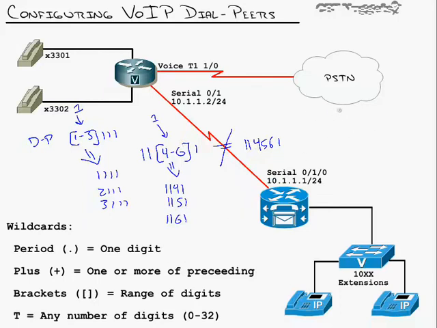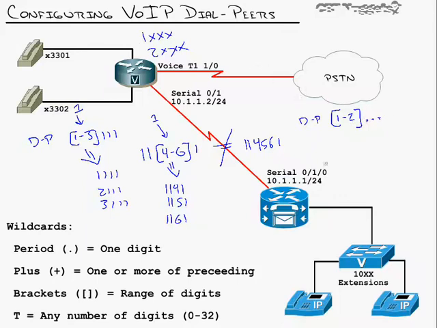So the reason I say this is worthy of some discussion is because you can get a little wild with this. I could do 1 through 2... combine some wildcards there. So what this would be, maybe I have up at this office, all 1XXX and 2XXX extensions. This is one way that I could create a single destination pattern that matches all of those. So destination pattern 1... and 2... would go up here.